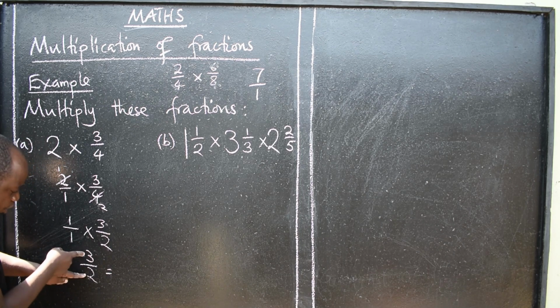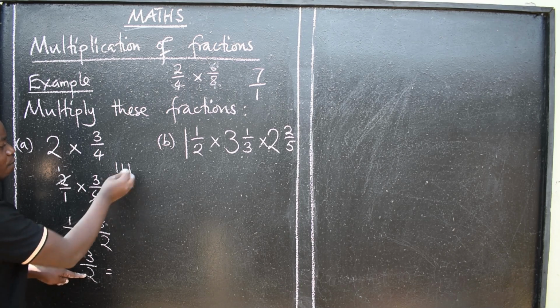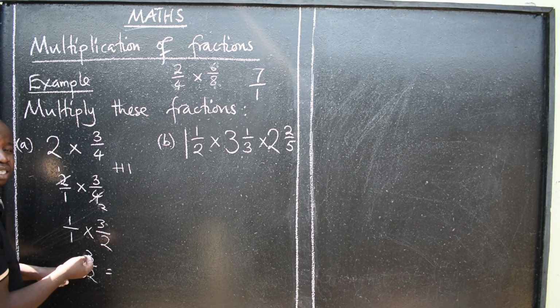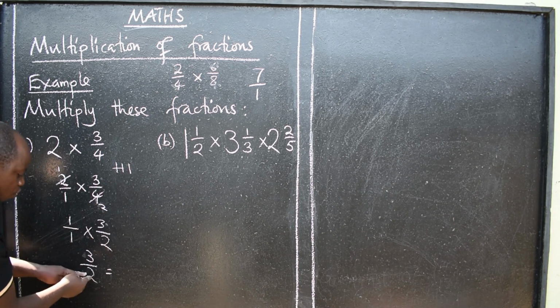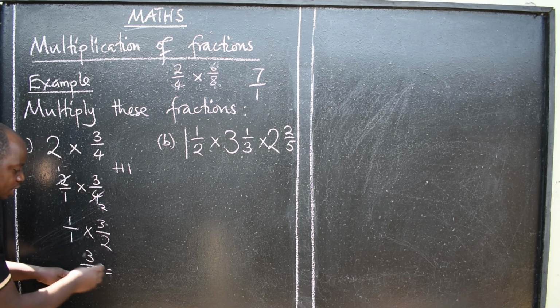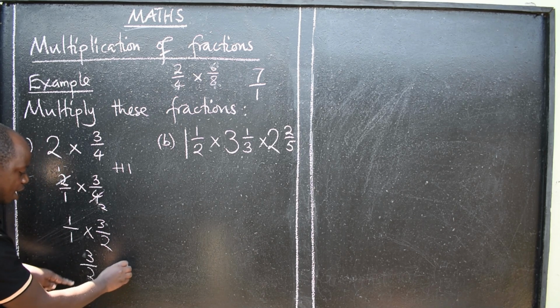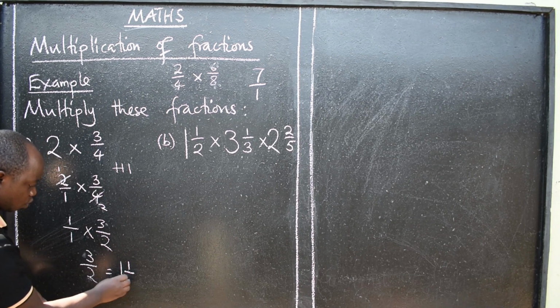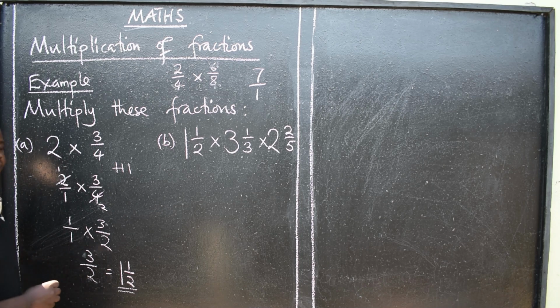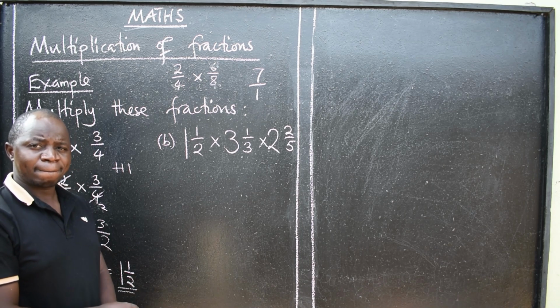You say 2 into 3. How many 2's are in 3? You can count 1, 2, 3. How many 2's are there? Just 1. What will be the remainder? 1. So how many 2's are in 3? It is 1, remainder 1 over this 2. That is the way we change, and that is the correct answer.